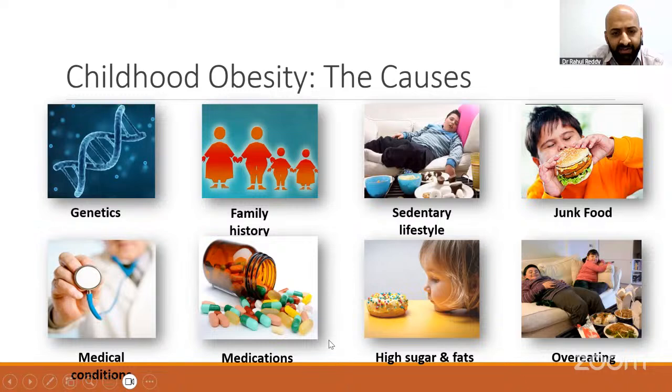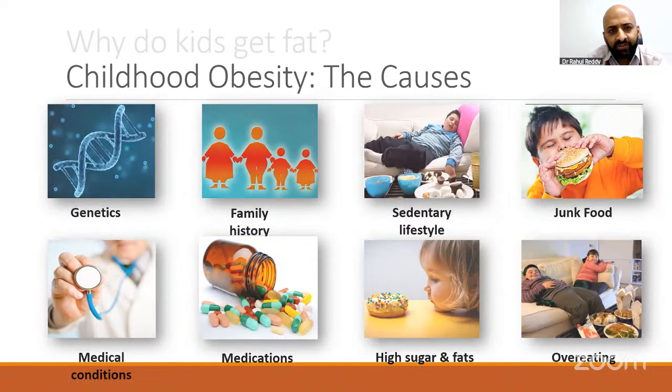Rarely there are also medications which can cause children to get obese, whether steroids or anti-epileptics, and medical conditions per se, endocrine problems or other systemic illnesses which can cause obesity as well.